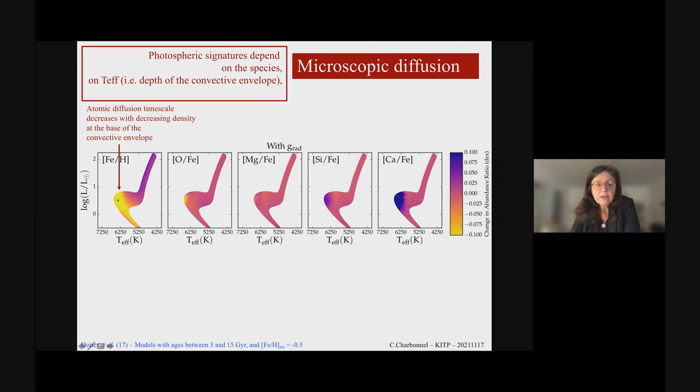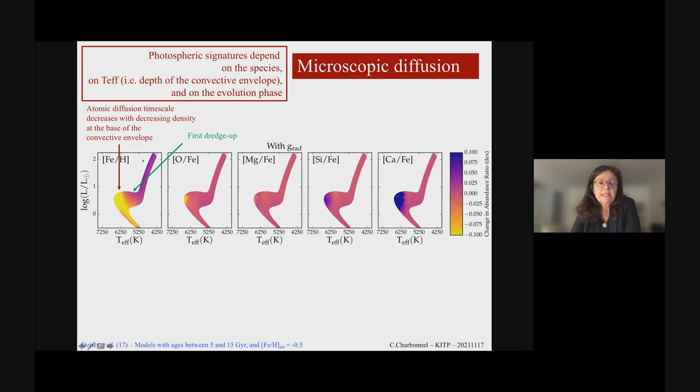The hotter the star, the more efficient is the atomic diffusion. And this is simply related to the fact that when you move to higher effective temperature, the depth of the convective envelope of the star is much thinner. And actually the time scale for atomic diffusion decreases with decreasing density. So this is why you have this increase of the efficiency of atomic diffusion at the turnoff, for example.